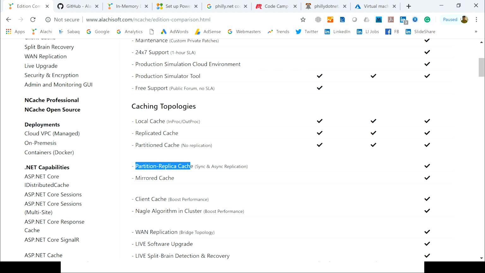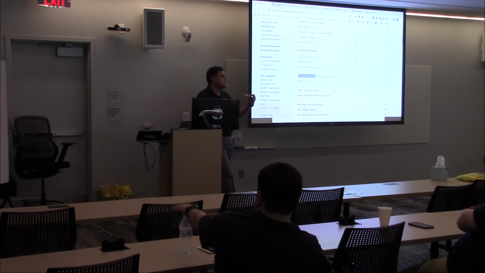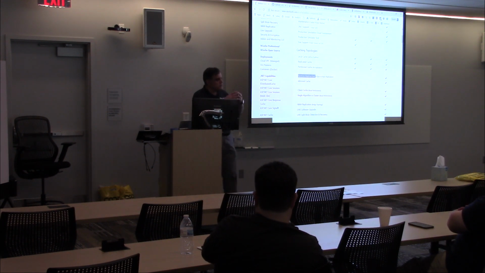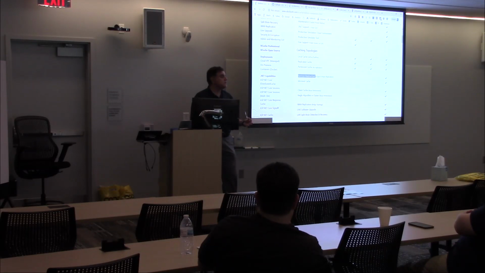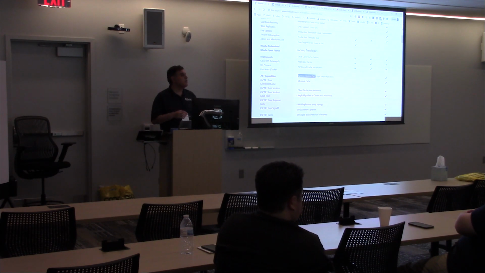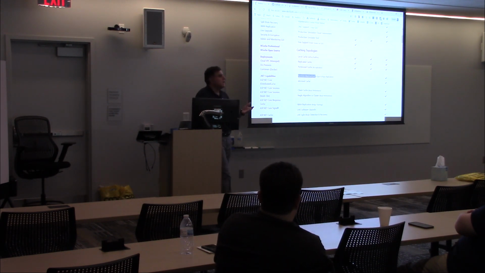So there are these types of extra features. You've got the better tools, security, partition replica for more scalable replication, and 24/7 support. All of that is in enterprise. Obviously, open source is as-is and only supported through the forums.